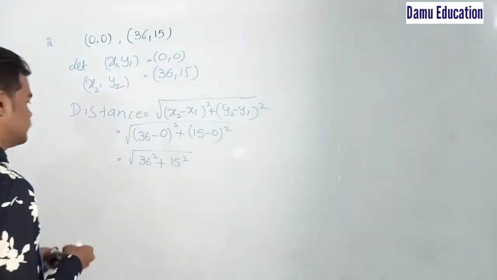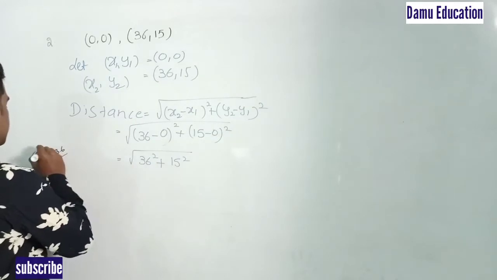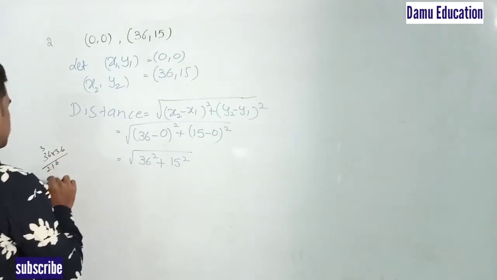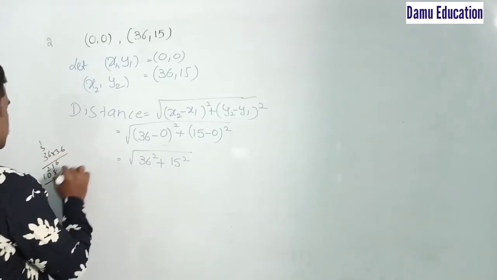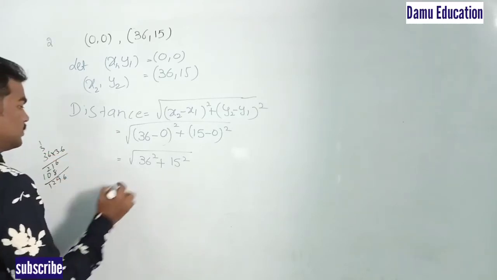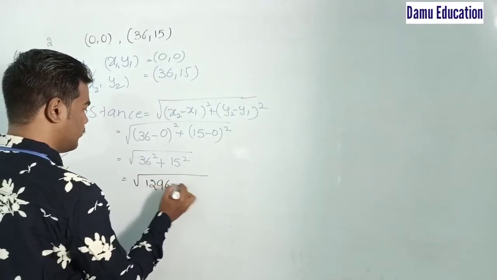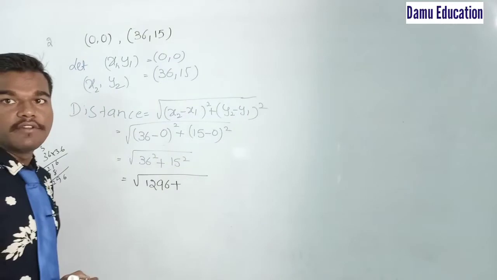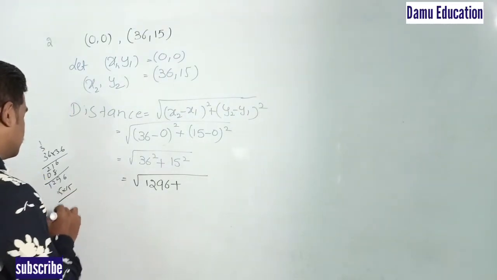Let's take 36 into 36. So the square root of 1296 plus 15 square. 15 into 15, what is that? So 225.